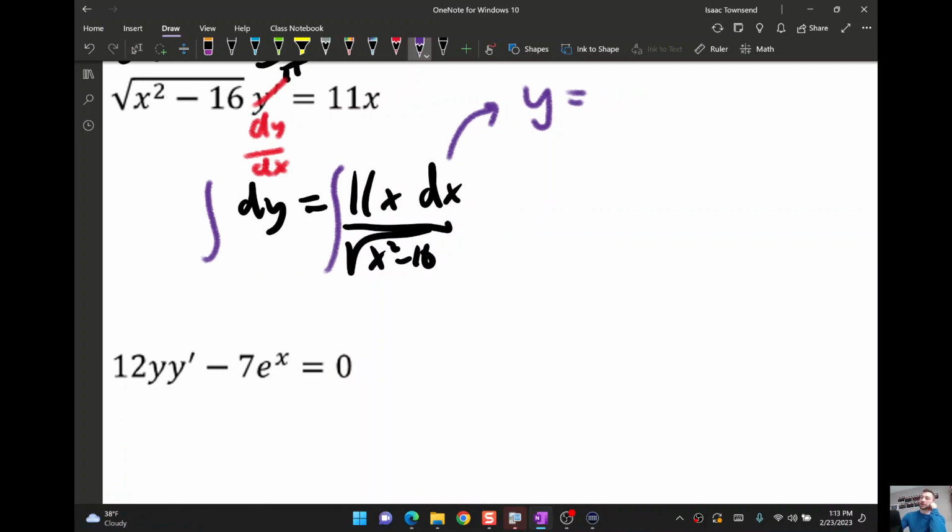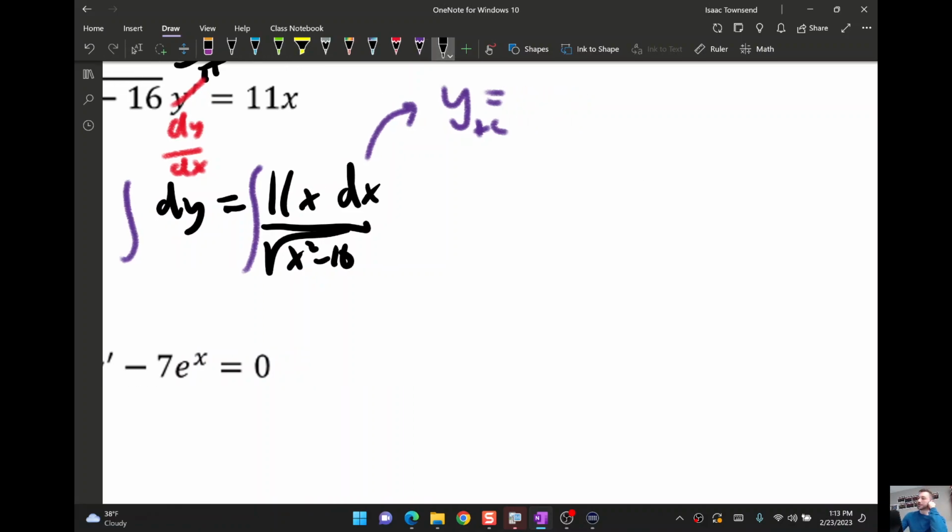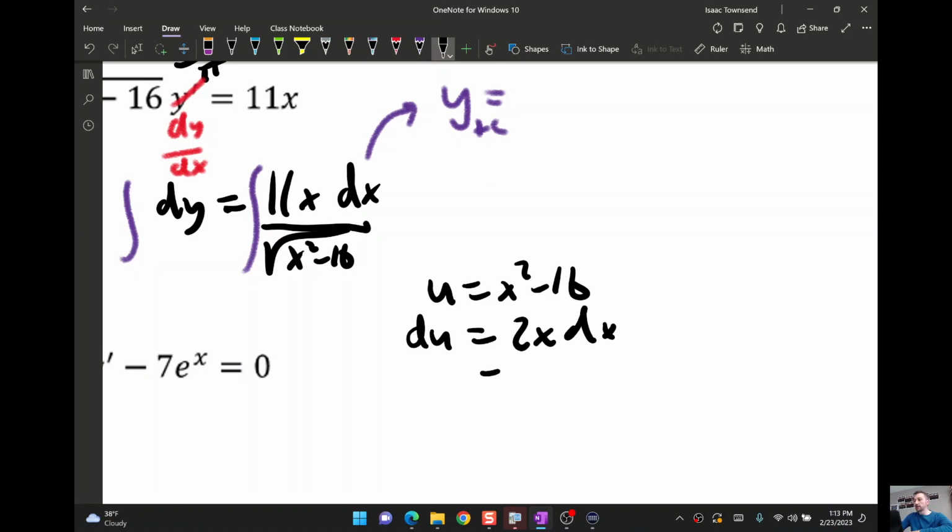Okay, so to integrate this one, I'm going to put a plus c here so I don't forget. Unfortunately, that's not just something I have memorized, and it's not just undoing the power rule. So, worst case is sometimes we're going to have to pick out a u, solve for du, think about what we have versus what we want, and how do I make a 2 become an 11?